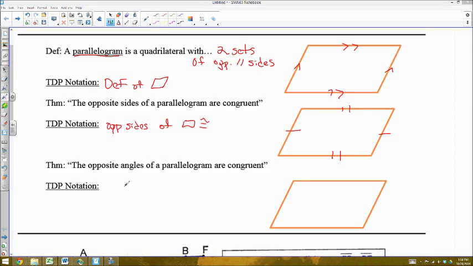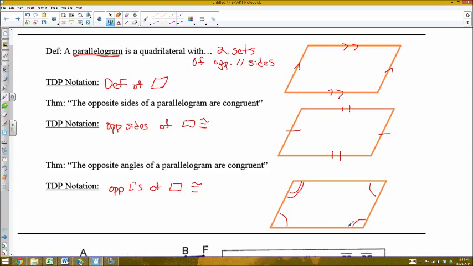So we'll sum up this idea by saying that the opposite angles of a parallelogram are congruent. And it basically just says that the angles which are across from each other within a parallelogram will always be the same. Now, that was just an observation.